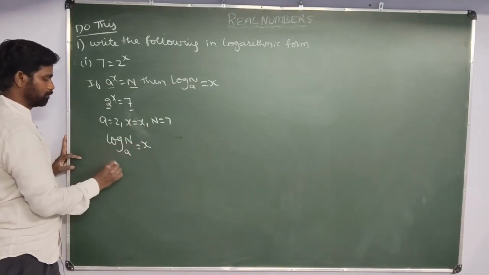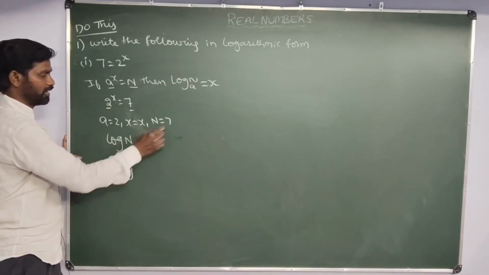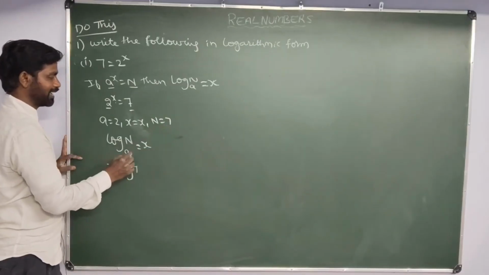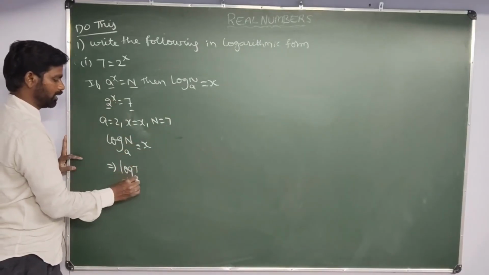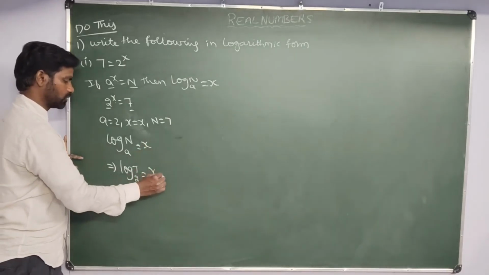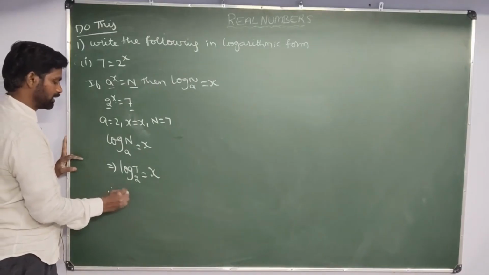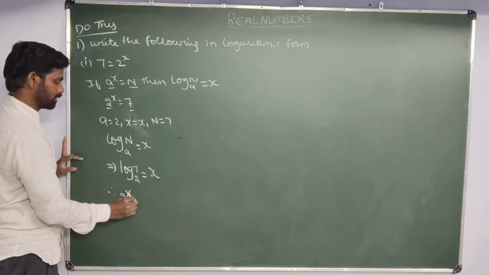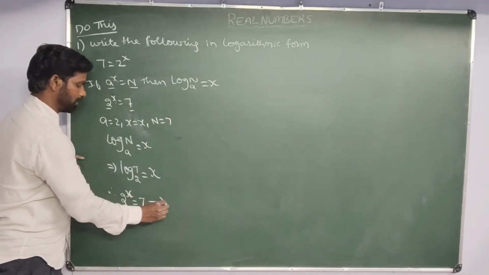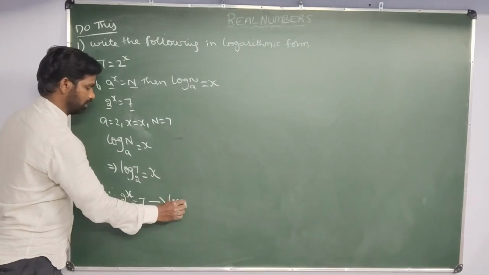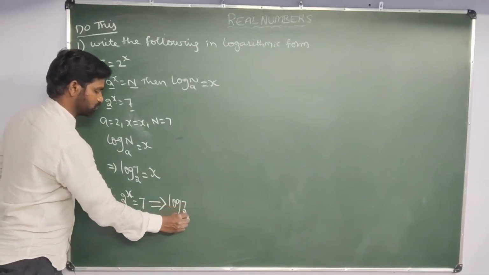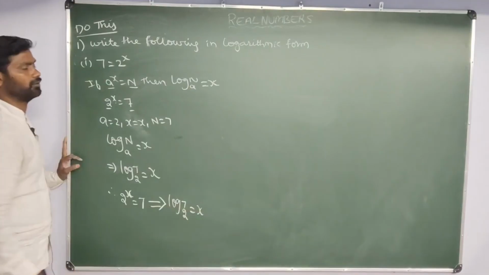So that implies log n, what is the n value? 7. Base a value is 2. And that is equal to x value, x only. Therefore, we can write 2 power x is equal to 7, it is the exponential form, implies log 7 base 2 is equal to x. This is the logarithmic form.